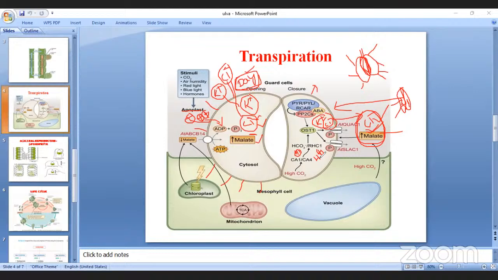According to water potential, water moves from high water potential to low water potential. Where is high water potential, in guard cells or in the subsidiary cell outside the guard cell? Is the whiteboard clear? Yes, sir.